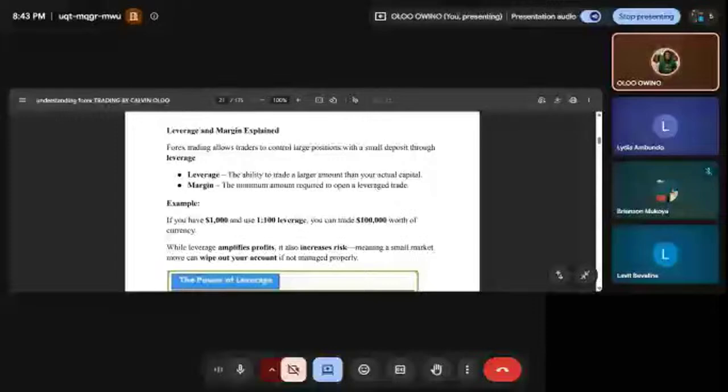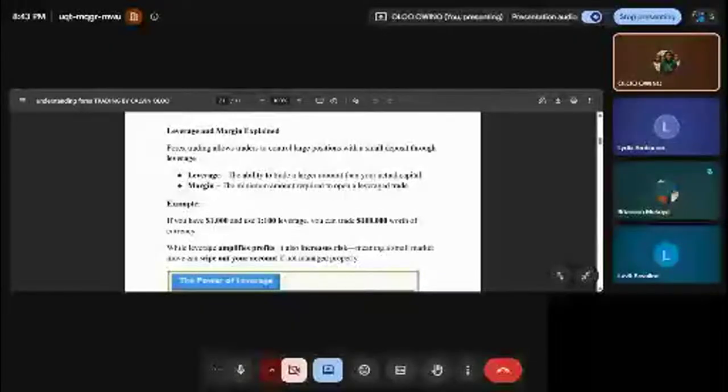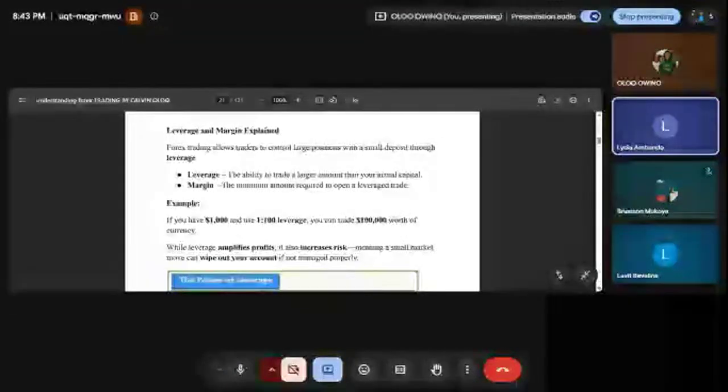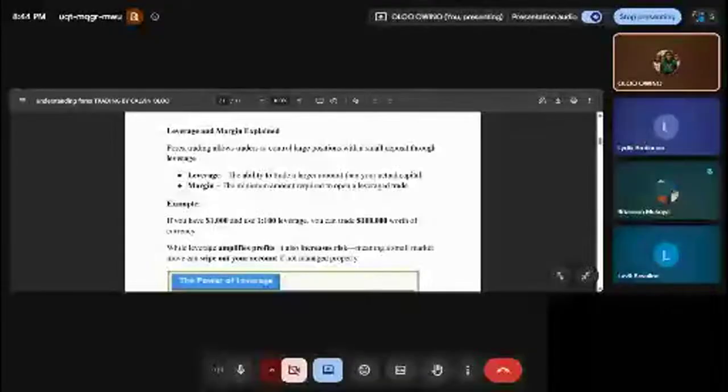Uko na account ya $10, ni sawa? Ukaweka leverage ya 1 is to 2,000, which gives you 20,000 worth of currency to trade with. Are you together? Okay, so for example, ukaamua uingie full margin. When you're going in full margin, you'll be expecting a lot.